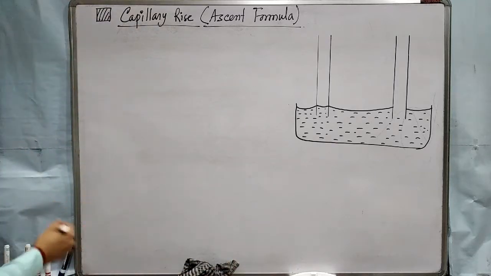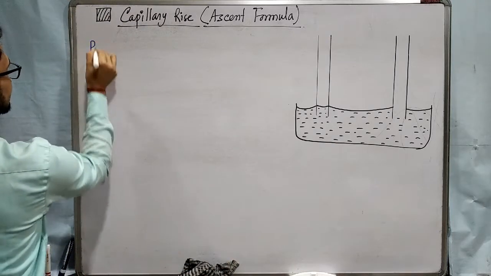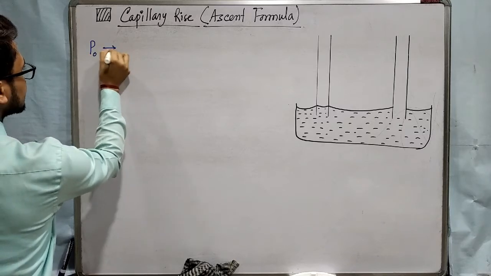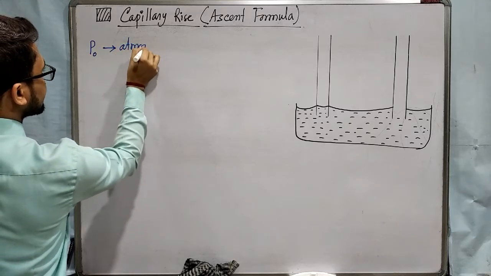First of all, this is P0, the atmospheric pressure.